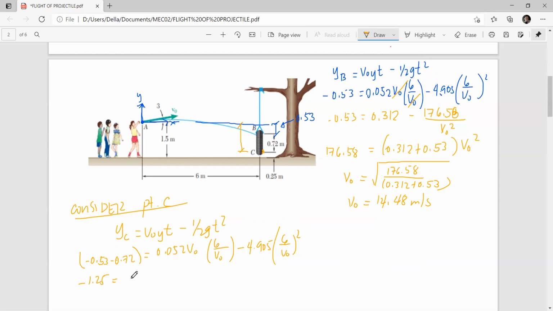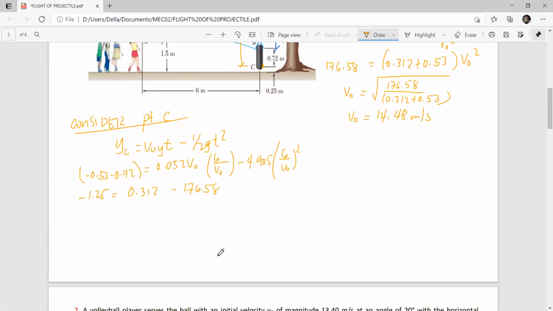So negative 1.25 equals 0.312 minus 176.58 over velocity initial square. So again, when you rearrange that, velocity initial is equivalent to 176.58 all over 0.312 plus 1.25.